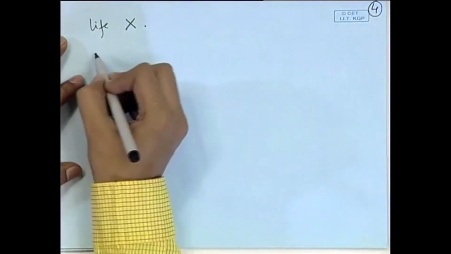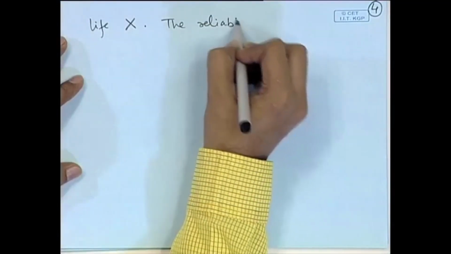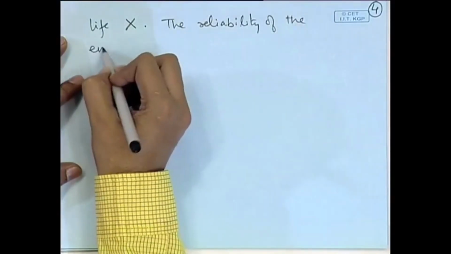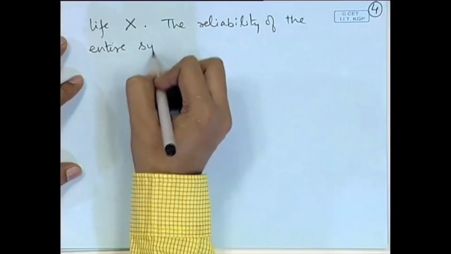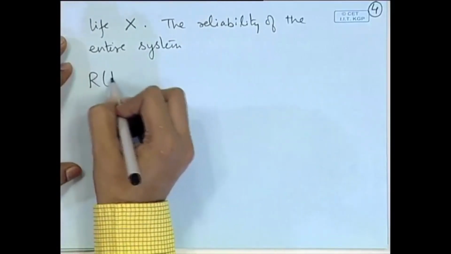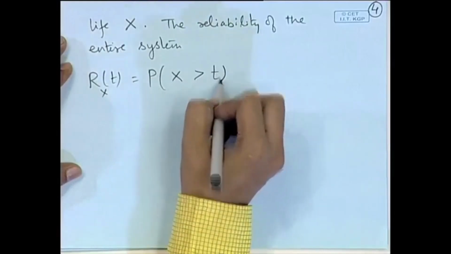So, the reliability of the entire system, that is R t, is equal to probability of x greater than t.